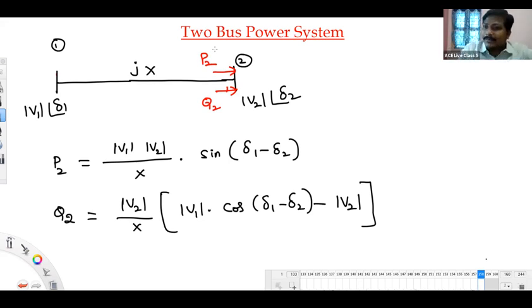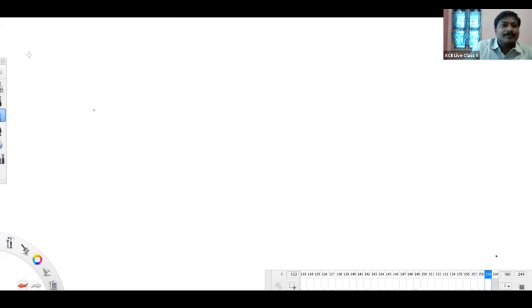So we have real power flowing from bus 1 to bus 2 if delta 1 minus delta 2 is positive. I'll write in the next slide. Real power flow direction is our heading.